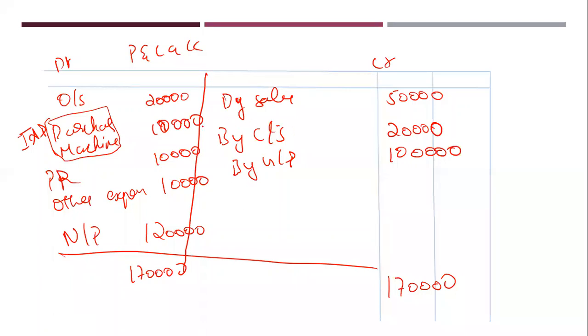Because you have shown it on the expenses side in your profit and loss account, because of that your profit is reduced. So to reverse it, we add it back. You are clear in this? Any doubts here? Shall I proceed?